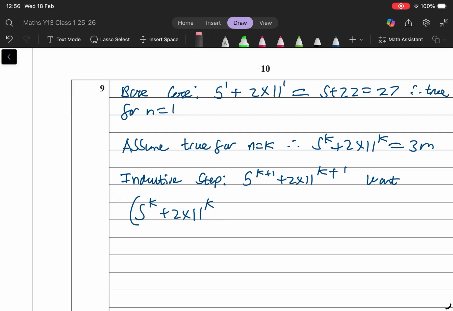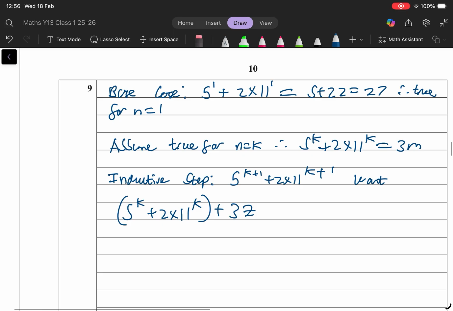So what we want is 5 to the k plus 2 times 11 to the k realistically, since we know that that is divisible by 3. If we can get it in that form, then we can show that the entire expression is divisible by 3.